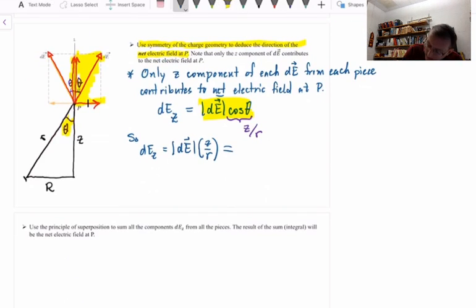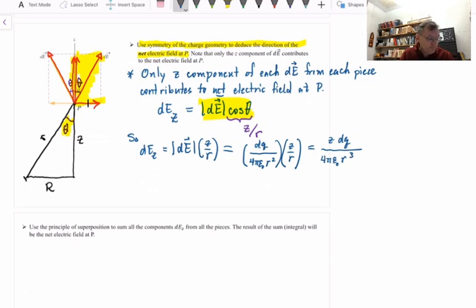So for the dE magnitude, dq over 4 pi epsilon 0 little r squared, and from the cosine theta, we have a factor of Z over little r. And then just simplify that. In the numerator, write it like this: Z times dq, and in the denominator, 4 pi epsilon 0 little r cubed.